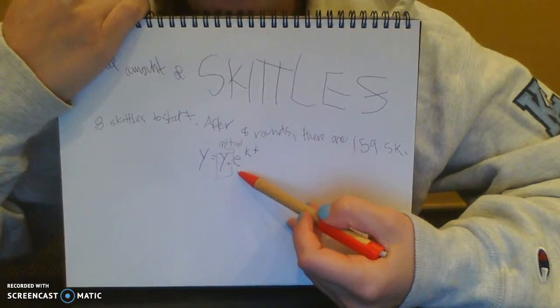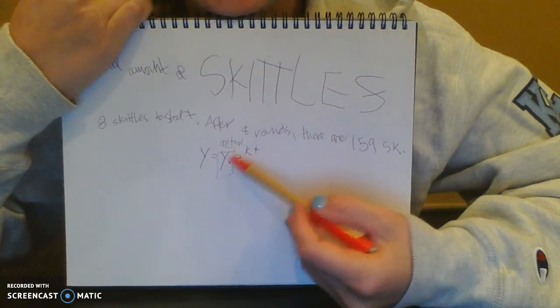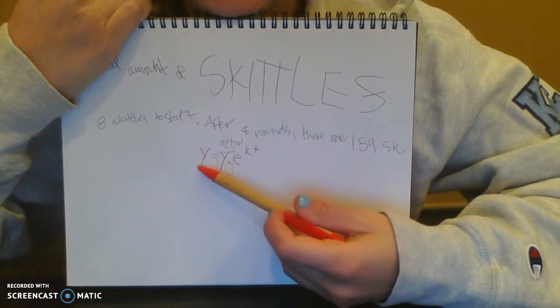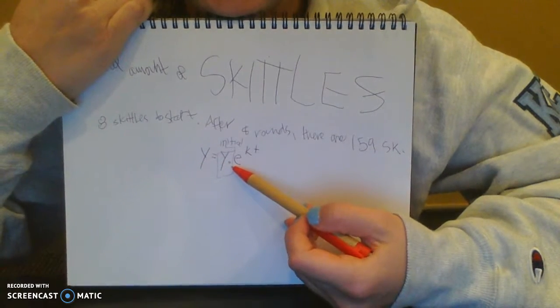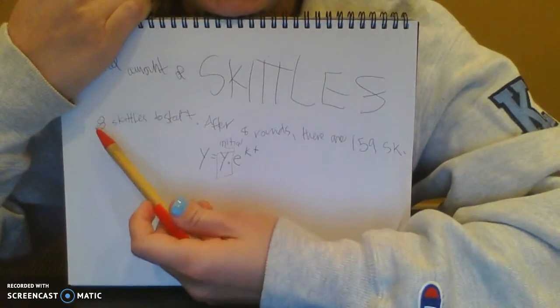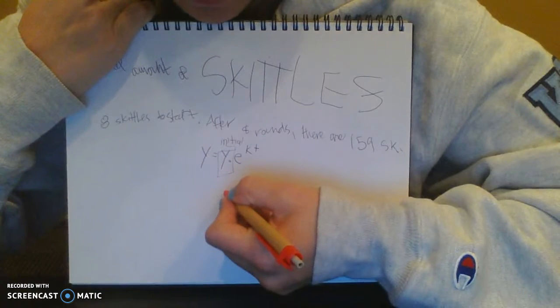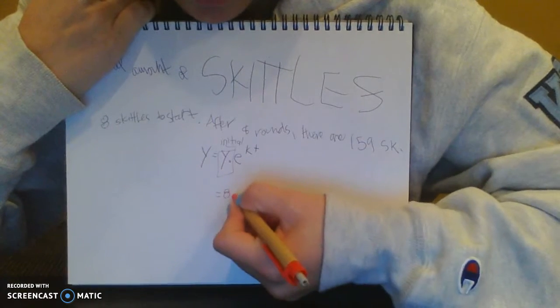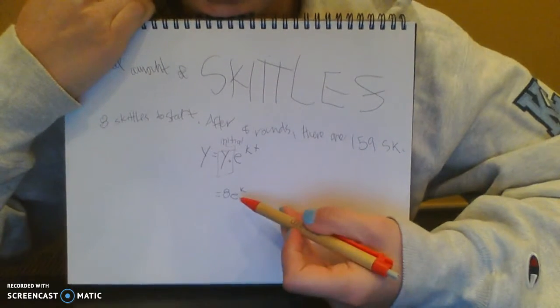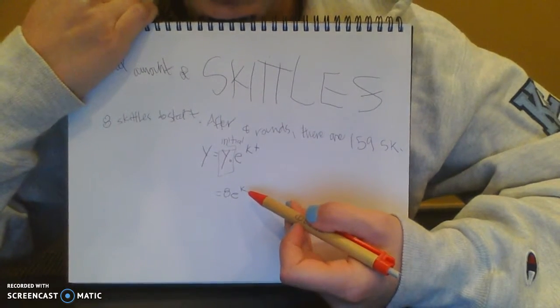That sub-zero is only making this y different from this one. All that it's saying is that these two are different, so I can't combine them. This stands for the initial, so I'm going to use my initial amount of Skittles there, 8. I don't know what K is. That's something that I have to solve for. That's part of the math.